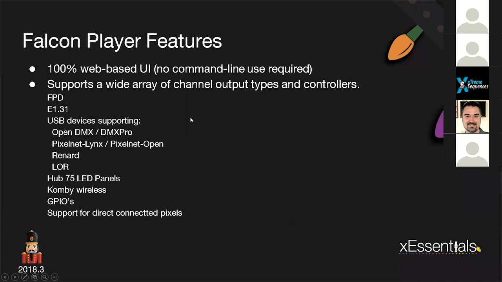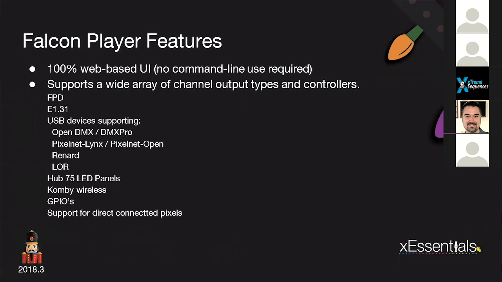The Falcon Player UI is 100% web-based. You don't have to be a Linux guru to get basic functionality. It supports a wide array of channel output types. It can connect to FPD, which I never had one of those, but it's one of the Falcon boards.